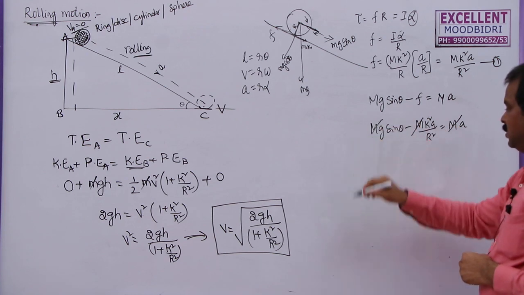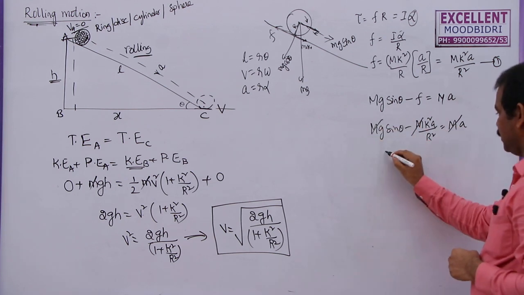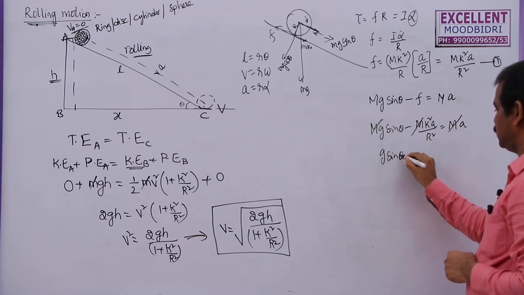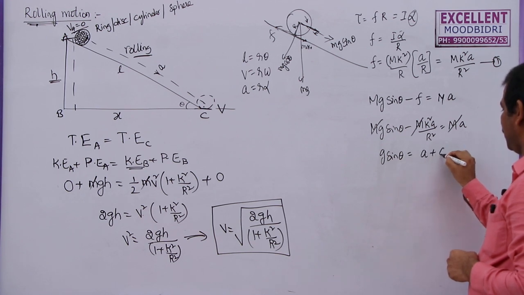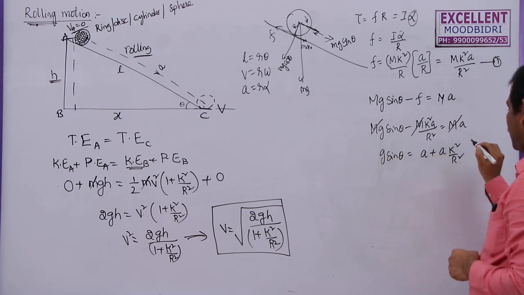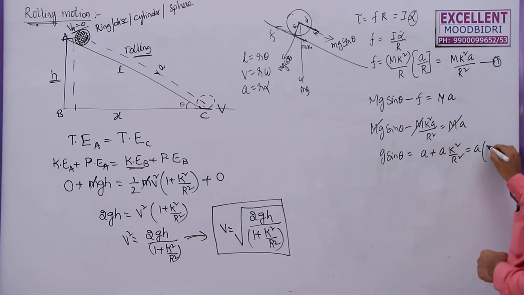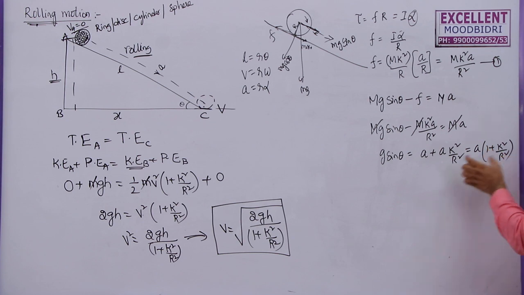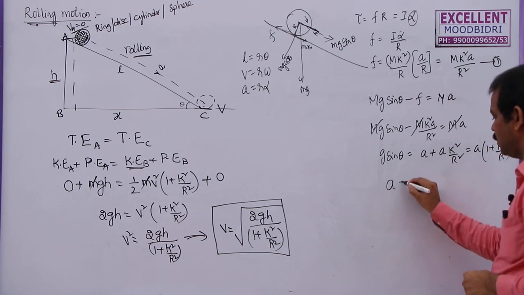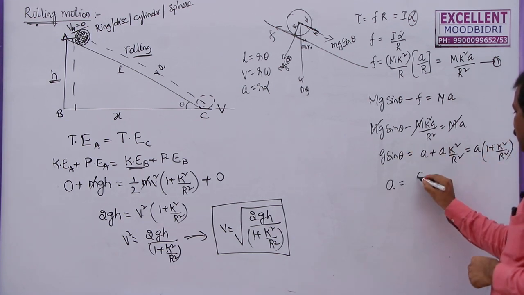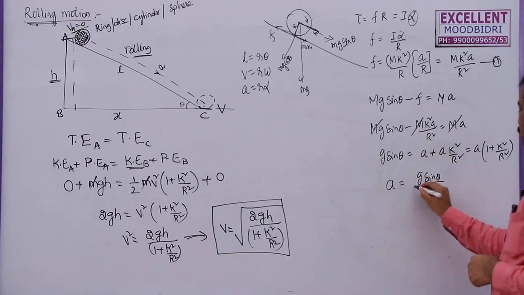Now you can cancel M. Now this will become g sin theta is equal to A plus A k square by R square. You can take A common: A times (1 plus k square by R square). I want this A, so bring this one down. The acceleration of this body in rolling motion is given by g sin theta by 1 plus k square by R square.